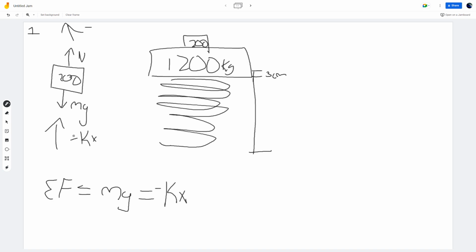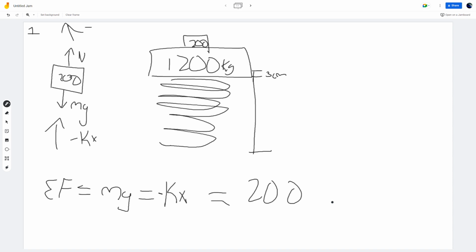I think I might have set this up wrong, and they're supposed to be in the same direction. Whatever. Basically, we have this relationship of mg equals negative kx. I don't think these signs are too important for this problem, but basically the mass is going to be 200.